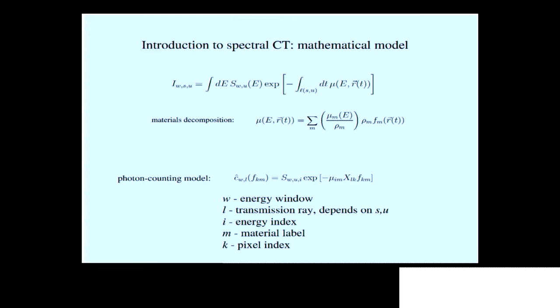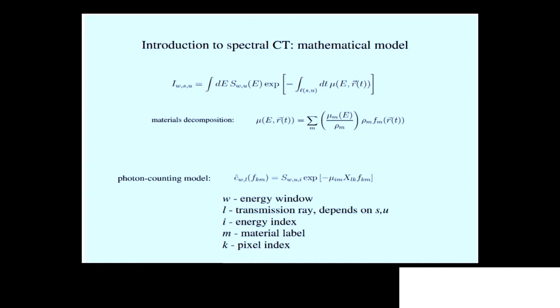So let's move on to image reconstruction. We're back here at this energy resolved model, and we have the materials decomposition. Now I'm going to discretize it, and this is my discrete model for spectral CT. I have the exponential here, and F is my material maps, X is the X-ray projection, and mu are those discretized mu curves that I was showing on the previous slide.